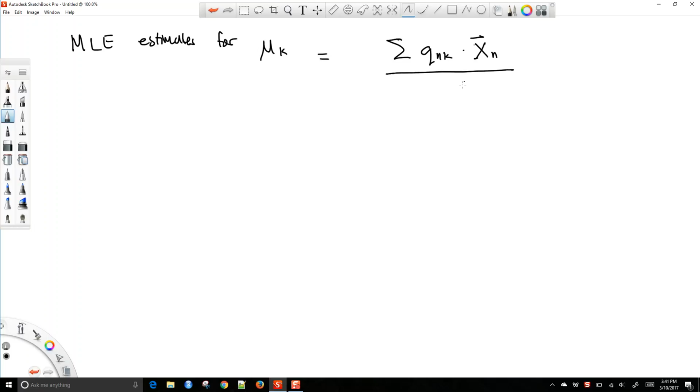And then you divide by the total sum of q sub nk. So basically it's the weighted mean of x for class K.